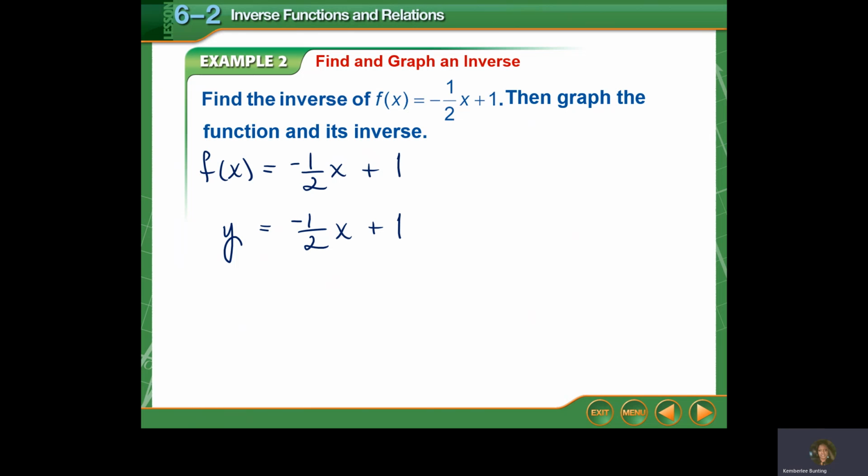What's the hallmark of inverses? What have we been doing the whole time? She said switch. Switch X and Y. So let's do it. X and Y are switching places. So I'm gonna have X equals -1/2 Y plus 1.